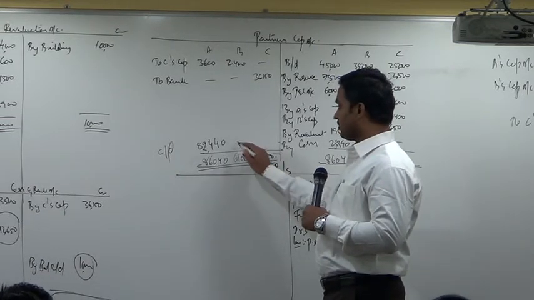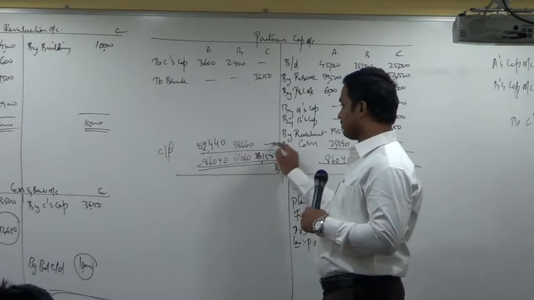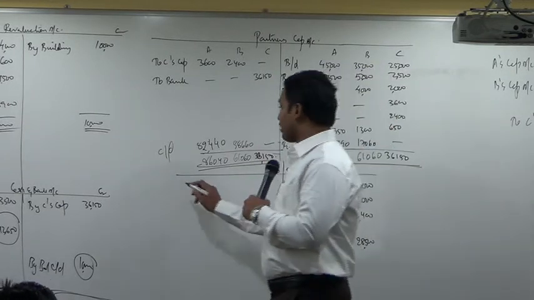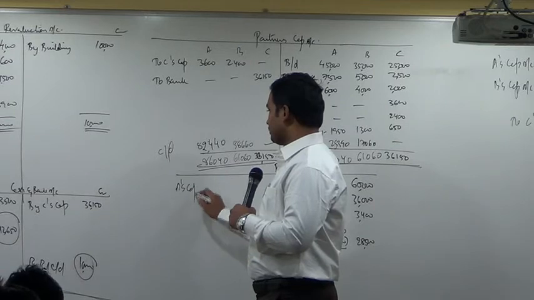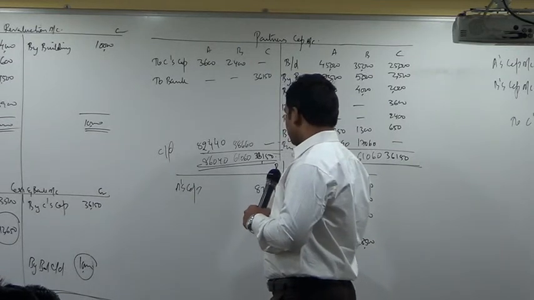Closing balance. Now show the capital account balances. A's capital account 82,440.